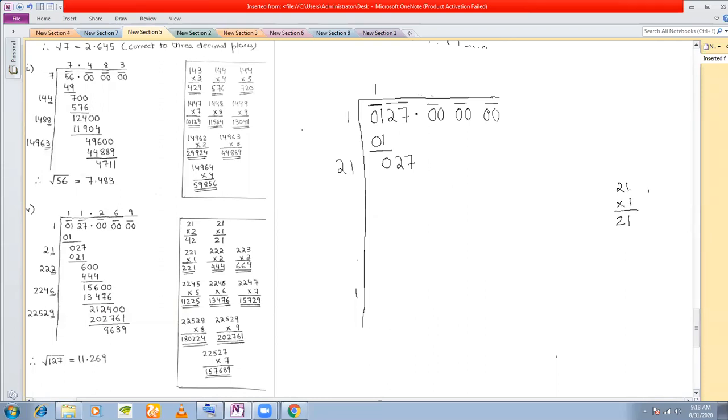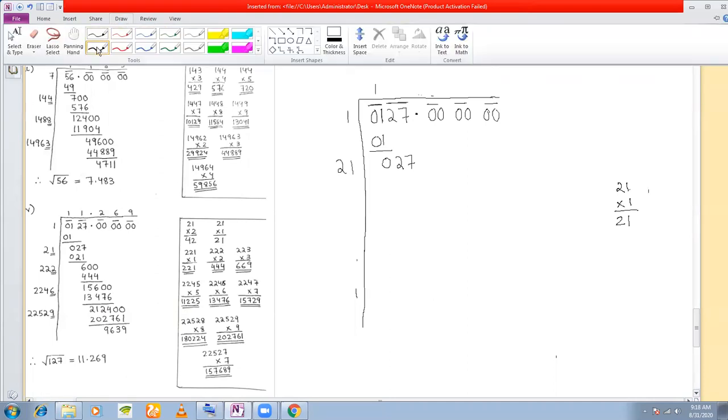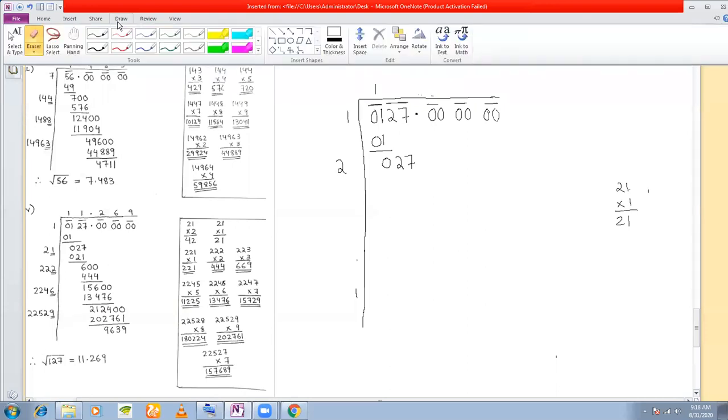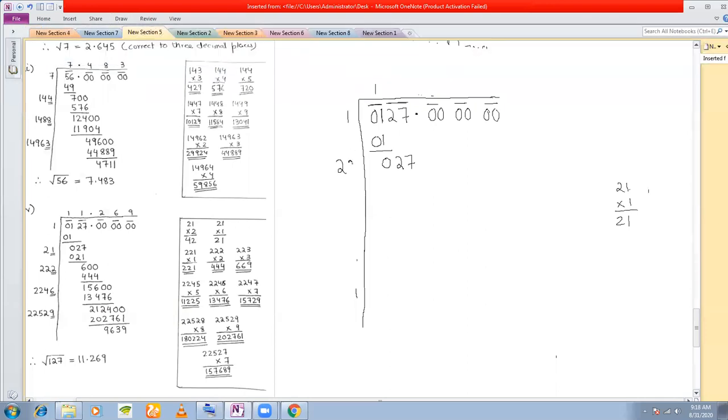Okay, next we try with the digit 2. That means 22 into 2 will be 44. Now 44 is greater than this 27. So therefore we accept 21 into 1.